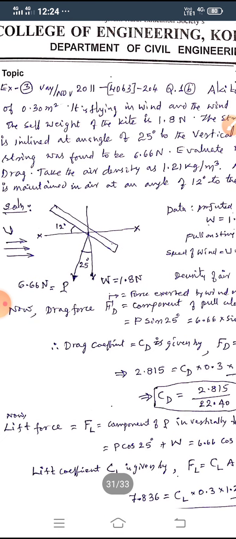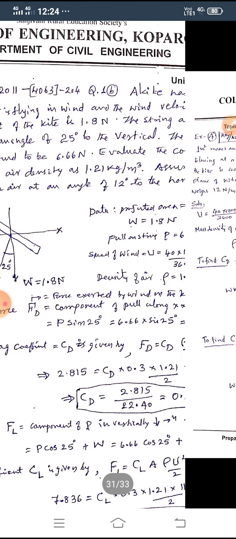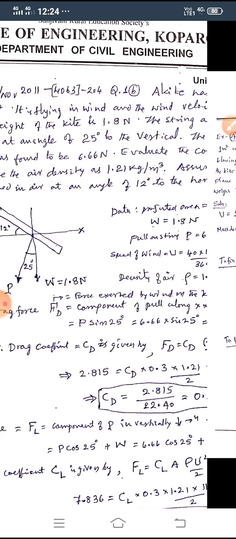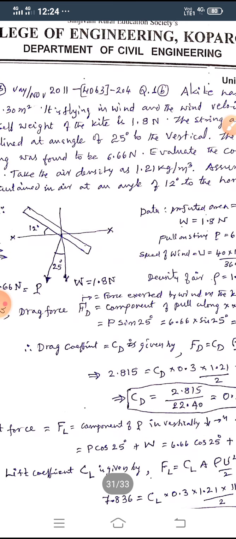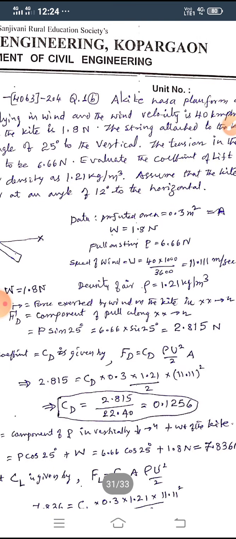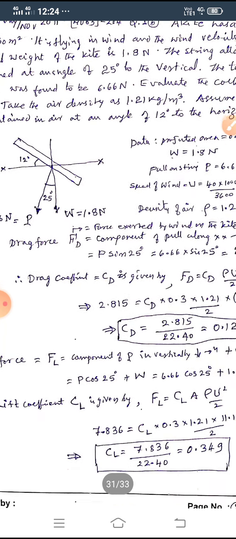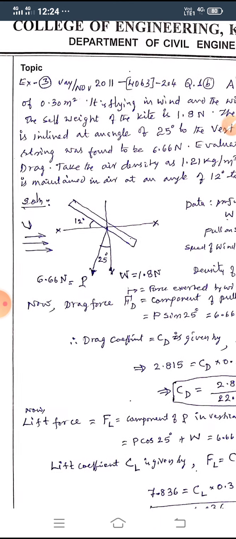The string attached to the kite is inclined at an angle of 25 degrees to the vertical. The tension in the string was found to be 6.66 Newton. Evaluate the coefficient of lift and drag. Take the air density as 1.21 kg per meter cube. Assume that the kite is maintained in air at an angle of 12 degrees to the horizontal.